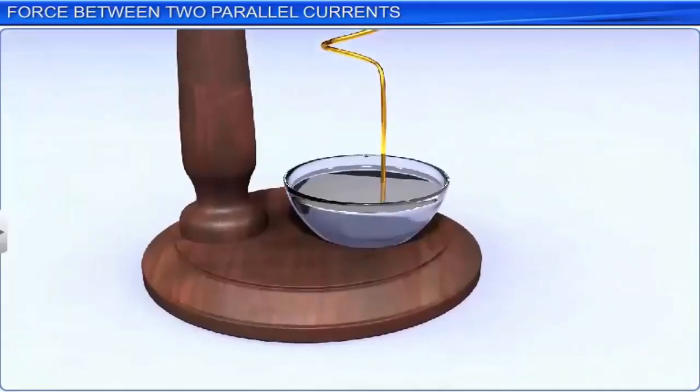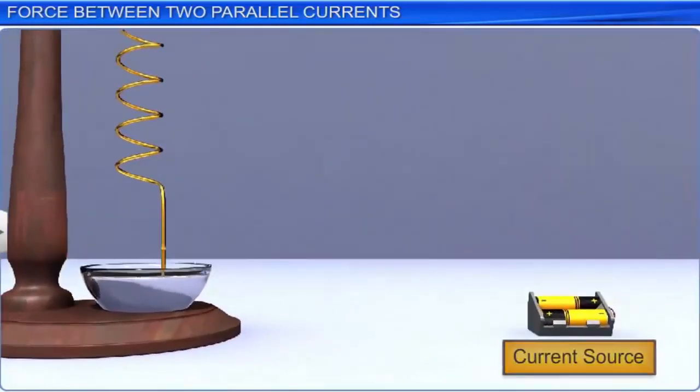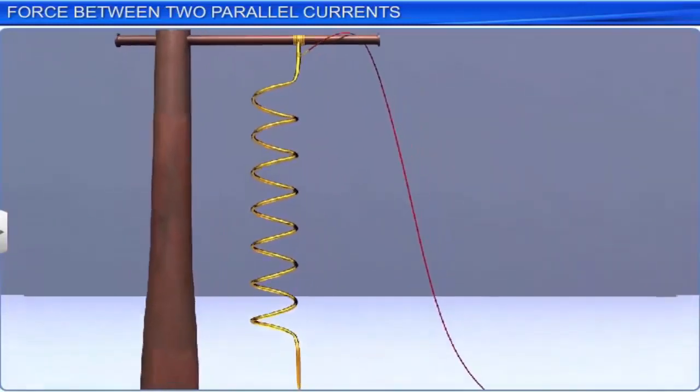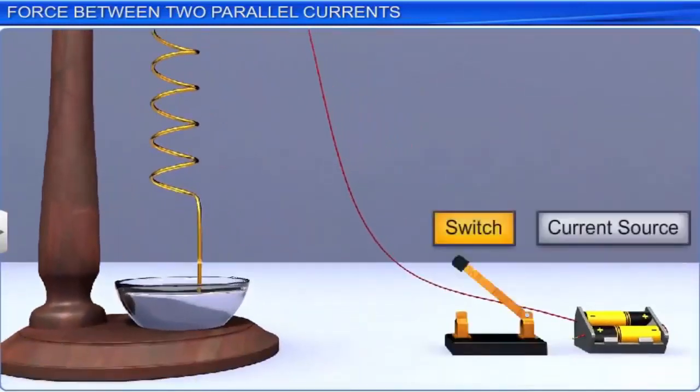Take a DC current source, connect one of the terminals to the top of the spring, and the other terminal is connected to a switch. And then it is dipped in the mercury taken in the bowl, so that the circuit gets closed.